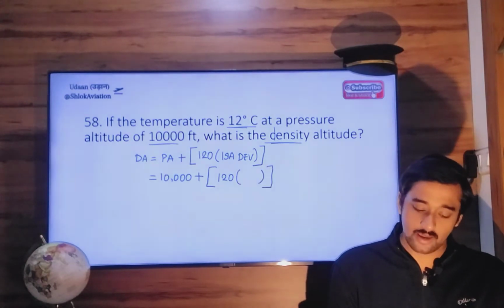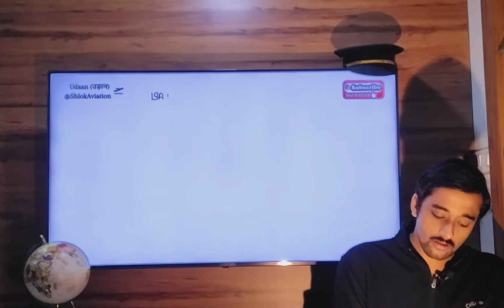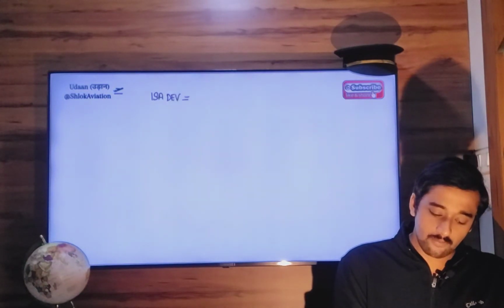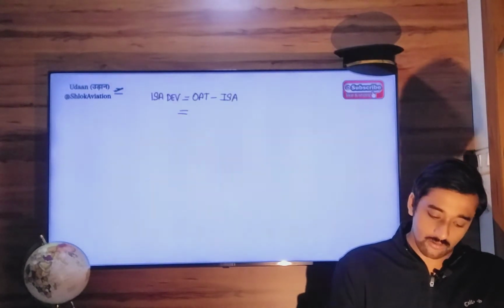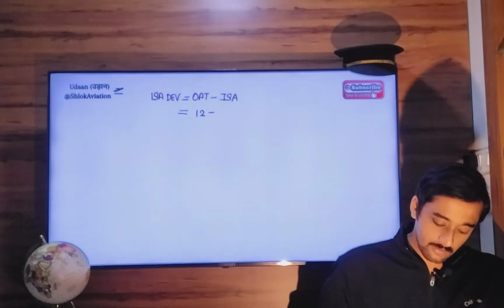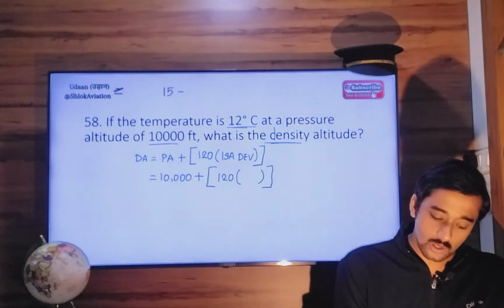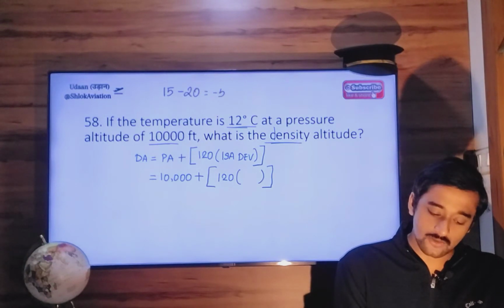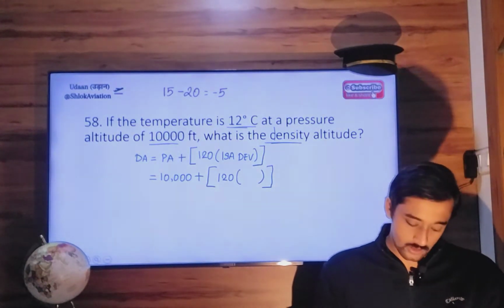Now what is ISA deviation? ISA deviation is outside air temperature minus ISA. Outside air temperature is 12. ISA temperature at 10,000 feet will be equal to 15 minus 20, that is minus 5. 15 degrees Celsius minus 2 into pressure altitude.